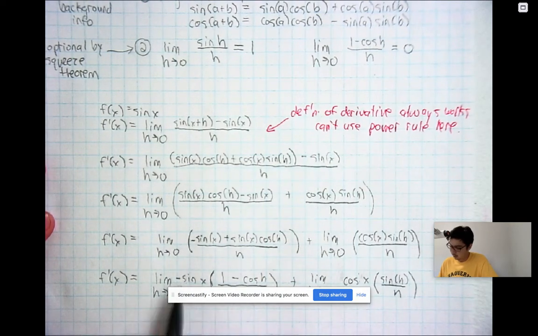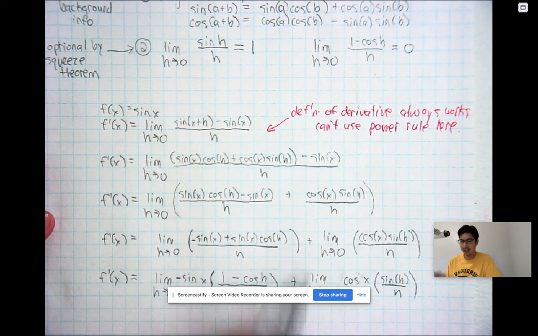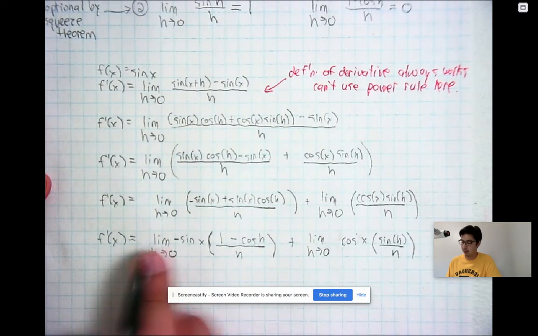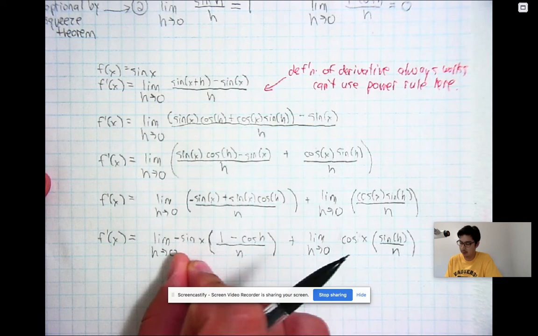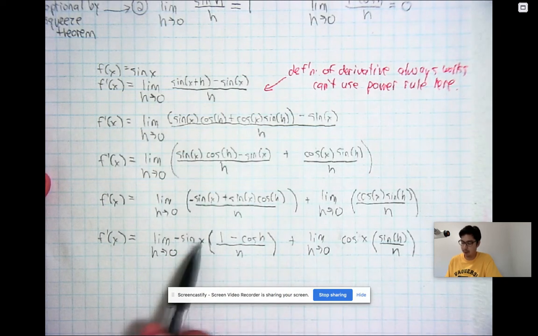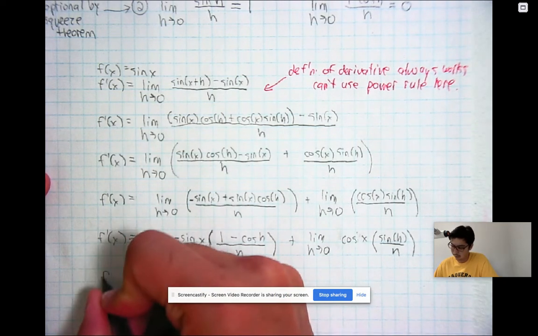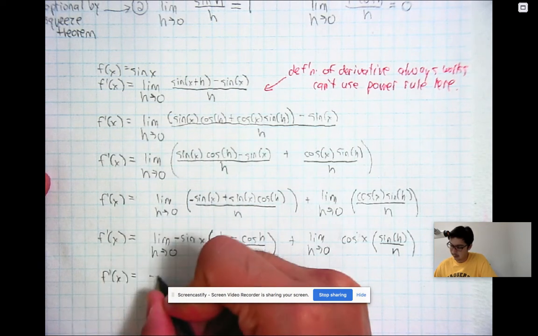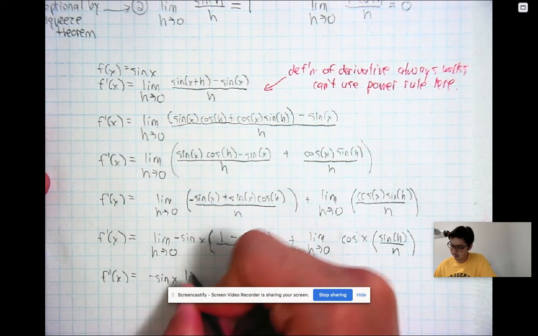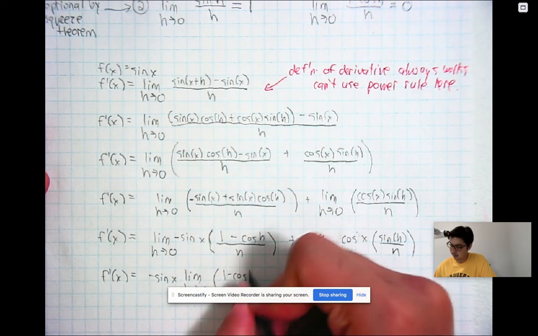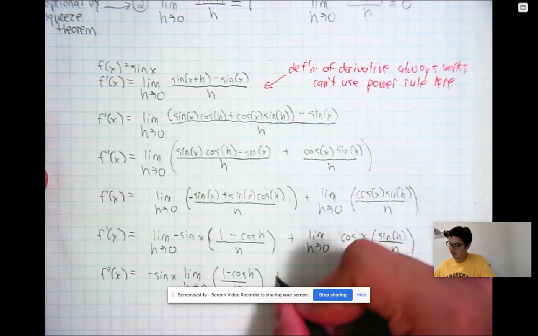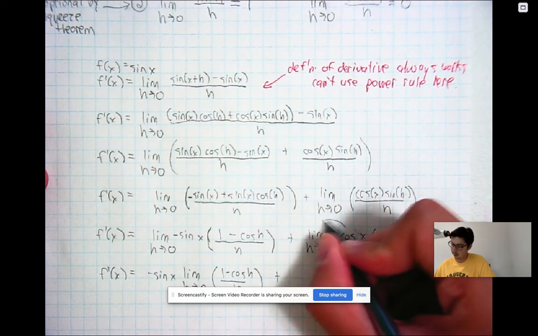With these, you don't necessarily know this rule yet, but when you take the limit of something times something else, since plugging in 0 would just give a number, we can factor that out in front. So that would be negative sine of x times the limit as h approaches 0 of 1 minus cosine of h over h, plus, then we can factor out the cosine of x in front.